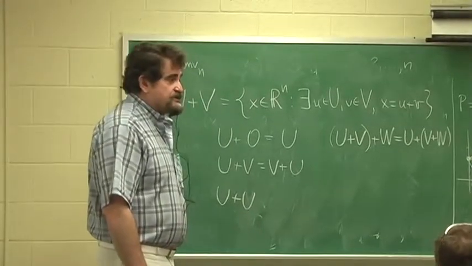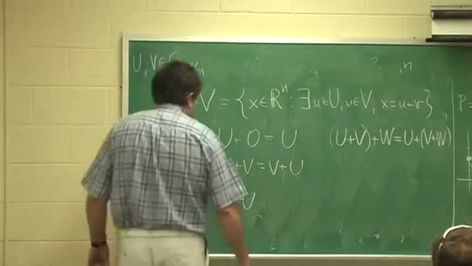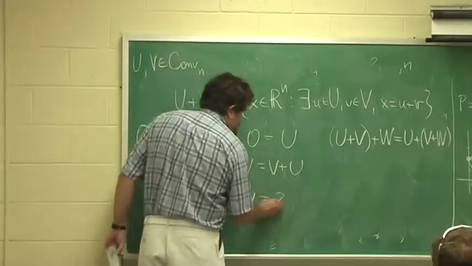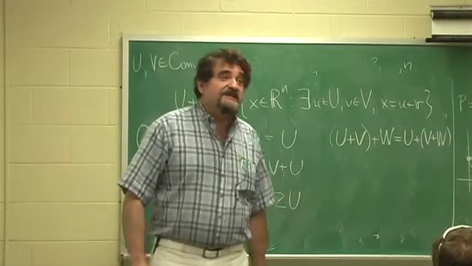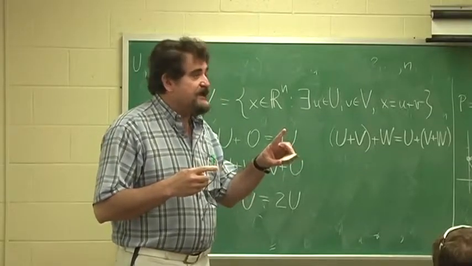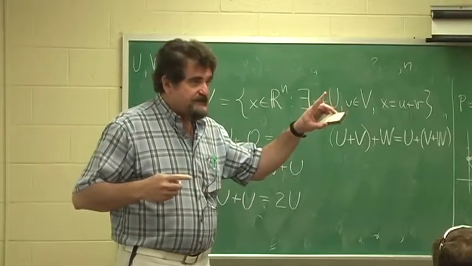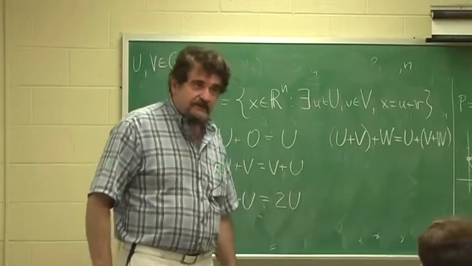Yes, ordinary vector addition, U plus U. The idea is that this is 2U, but 2U in a different sense. 2U, you take every vector and simply stretch it 2 times. Again, you have to prove it. It's not a big deal.